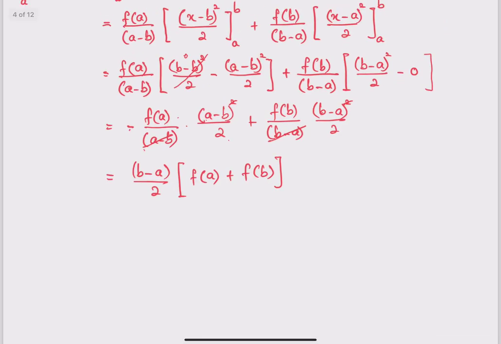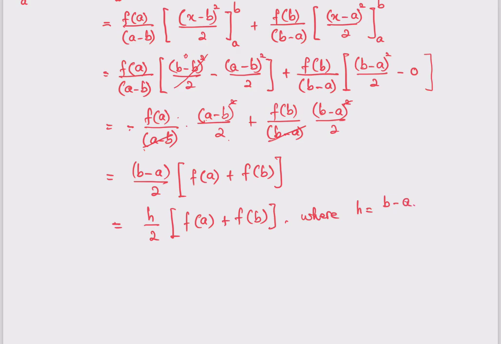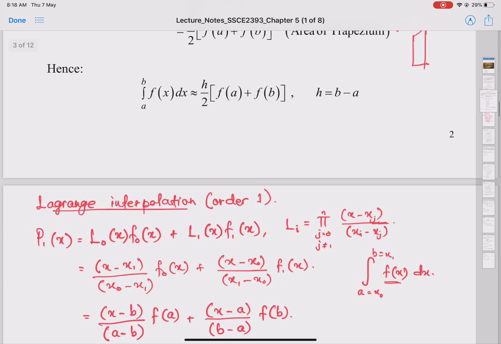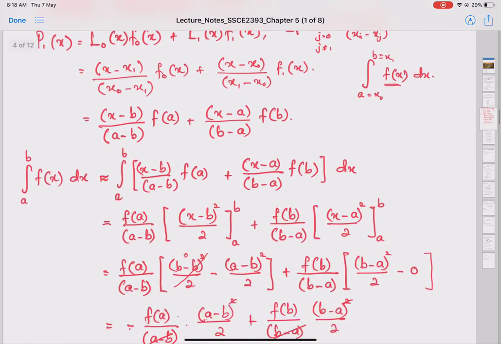We can write h divided by 2 times (f(a) plus f(b)), where h is equal to b minus a. Alright, so this is what we call the trapezium rule or trapezoidal rule. It is h divided by 2 times (f(a) plus f(b)).